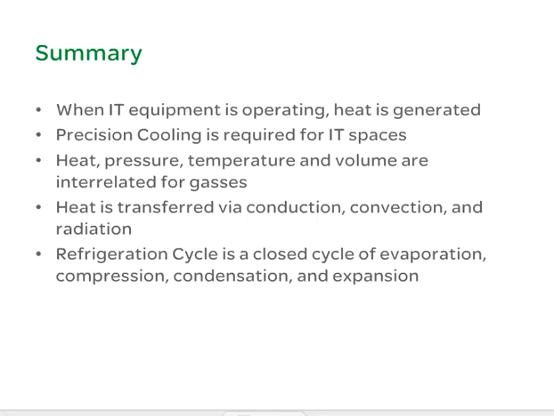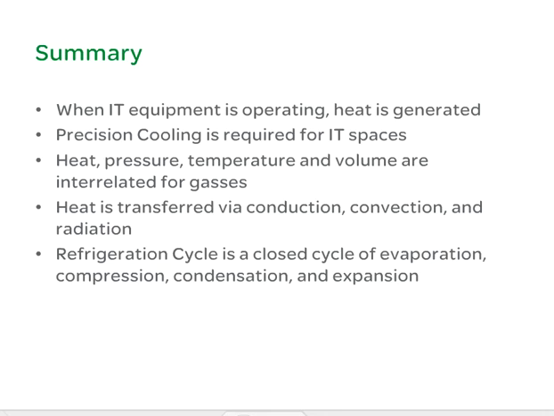To summarize, let's review some of the information that we have covered throughout this course. When IT equipment is operating, heat is generated, and the removal of this heat is critical to the proper functioning of the data center environment. Precision cooling systems are required to provide adequate cooling conditions for IT spaces. Heat, pressure, temperature, and volume are interrelated for gases.